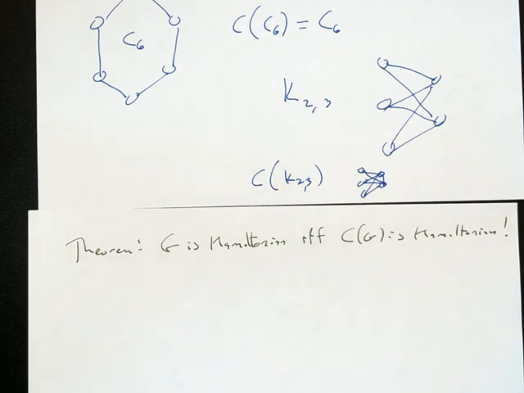What graphs do we know are always Hamiltonian? So if my closure is complete, my graph must be Hamiltonian.